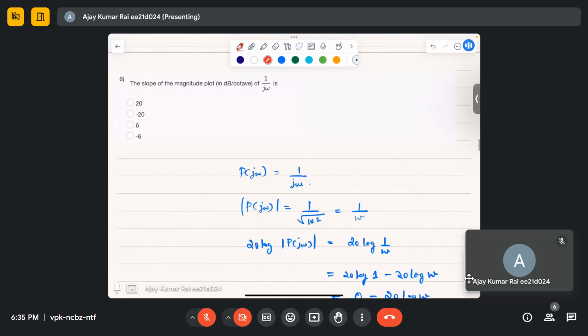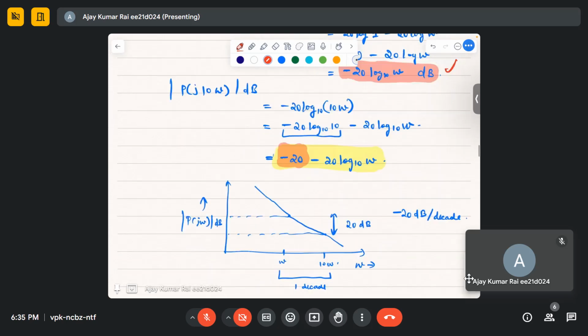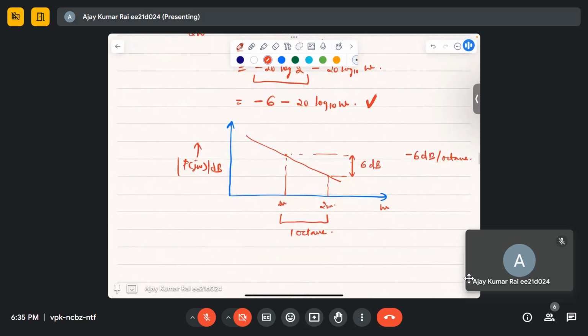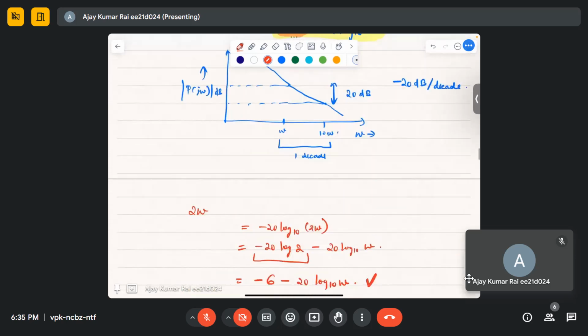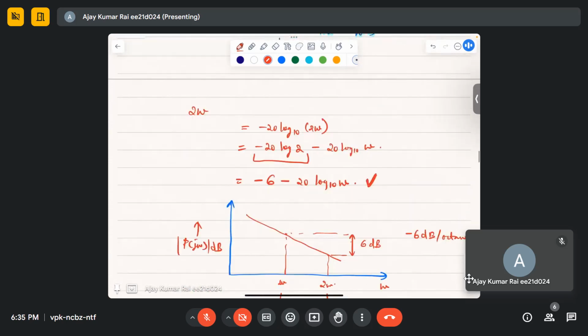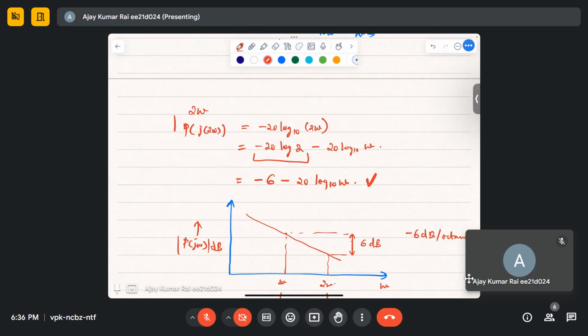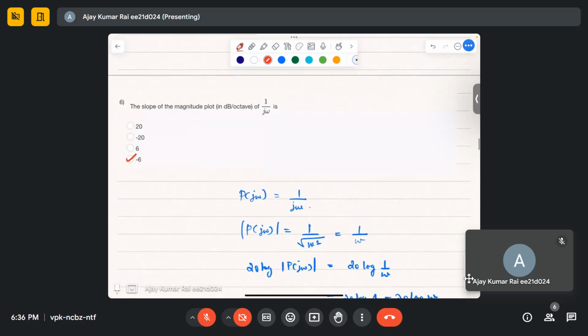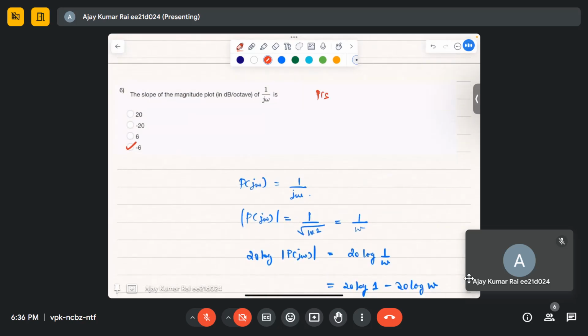Any doubt? So I found minus 20 dB per decade, and in octave minus 6 dB per octave. For decade I found the magnitude at 10 omega, and for octave I found it at 2 omega. Any doubt in this question? Pretty straightforward. We have seen this in the theory part also for the function 1 by s. Same thing we are doing here.